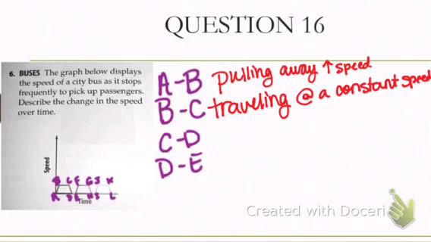From C to D, because our speed is decreasing, we would be traveling toward a bus stop and preparing to stop. So we're decreasing our speed to stop.